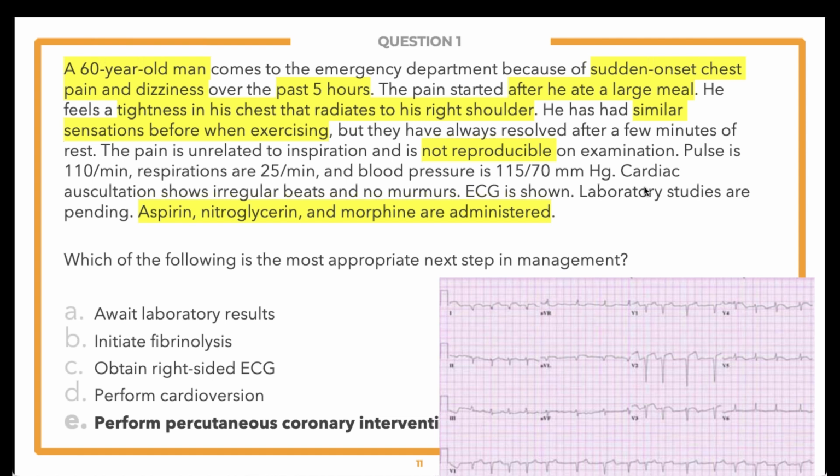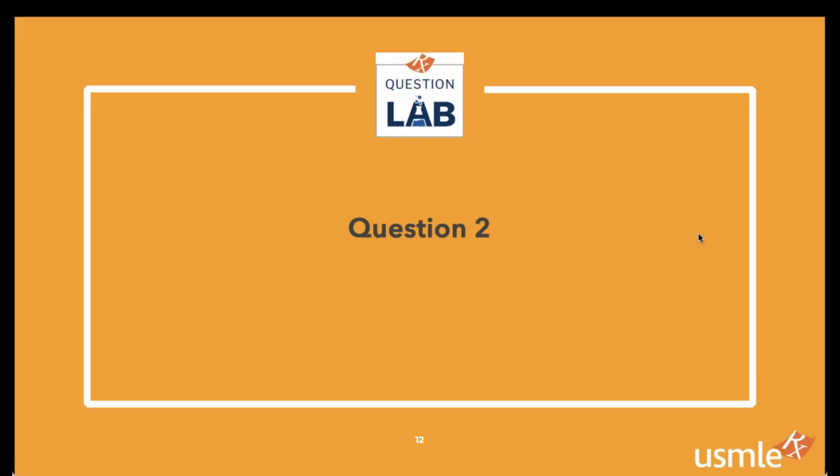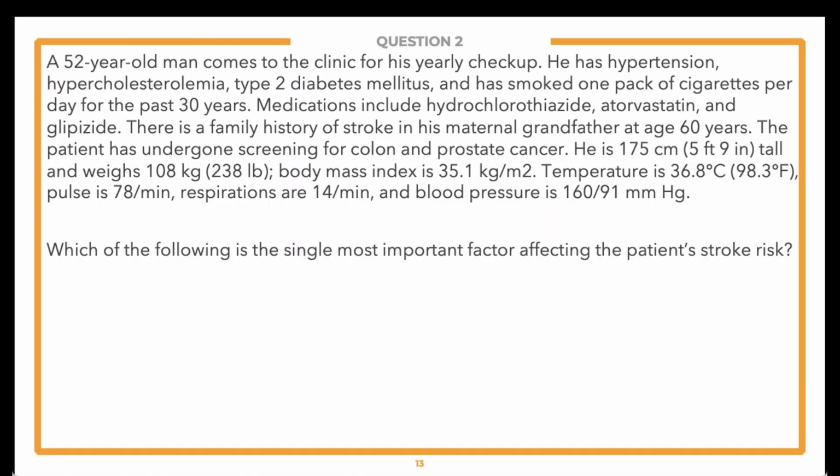So listen to how Abraham walks through those distractors, because there's a lot to glean there. Okay, great. We're off to a good start, and we're ready for question number 2. Once again, we've covered up those answer choices, and we're going to start off with the lead-in. Which of the following is the single most important factor affecting the patient's stroke risk?